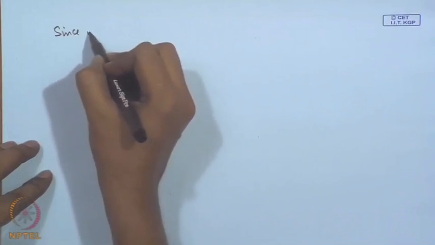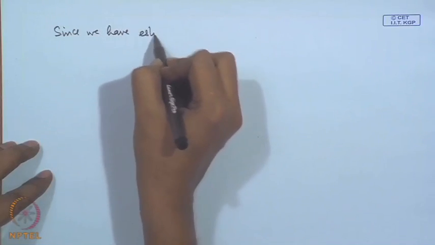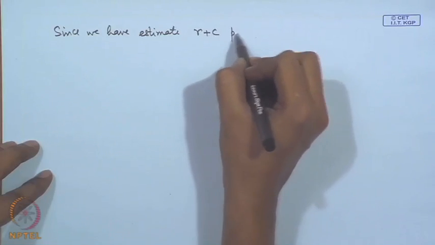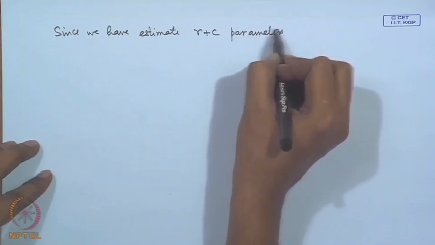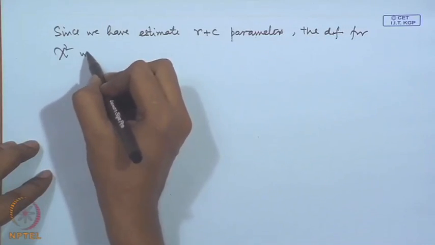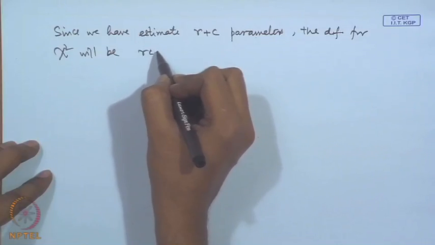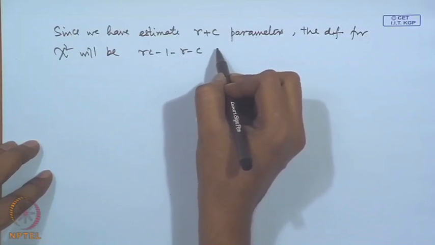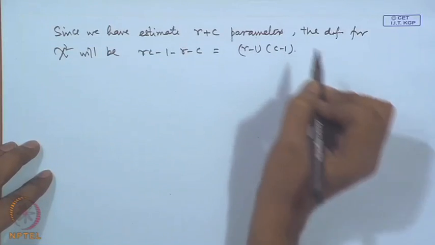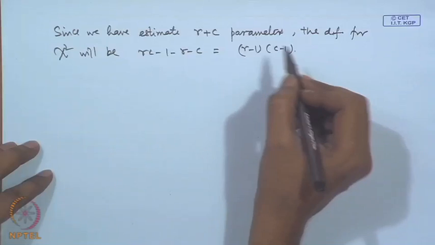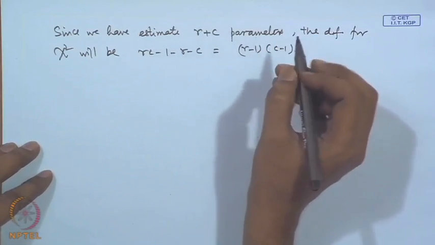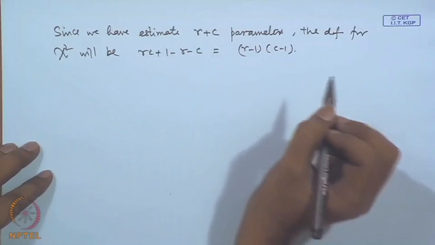Since we have estimated R plus C parameters, the degrees of freedom for chi square will be R C minus 1 minus R minus C, that is equal to R minus 1 into C minus 1 here. I think I have made one error here. This will become R C plus 1 minus this one.